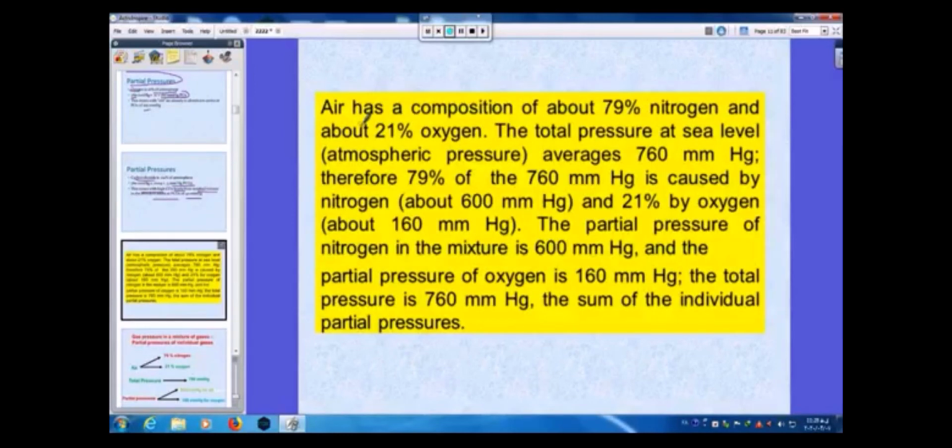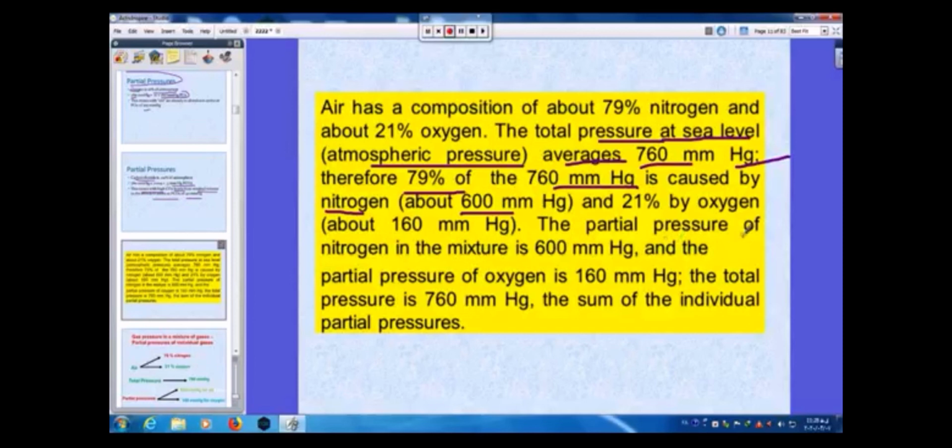Air has a composition of about 79% nitrogen and about 21% oxygen. Total atmospheric pressure at sea level averages 760 millimeters mercury. Therefore, 79% of the 760 millimeters is caused by nitrogen and 21% by oxygen.